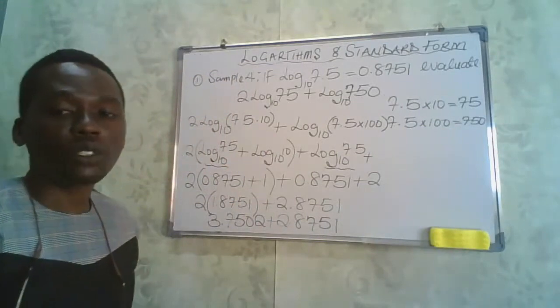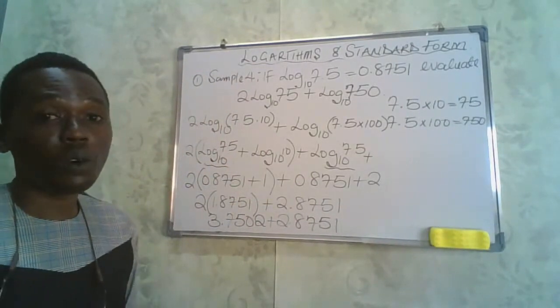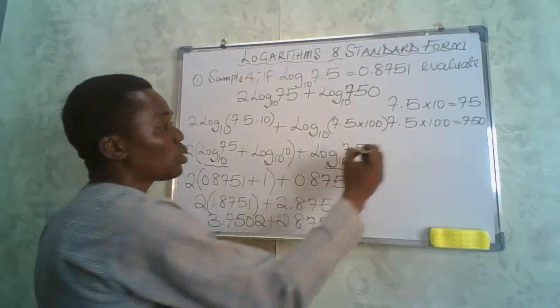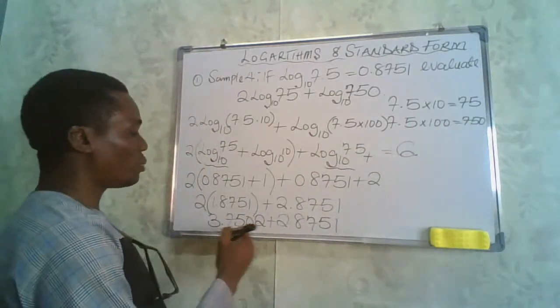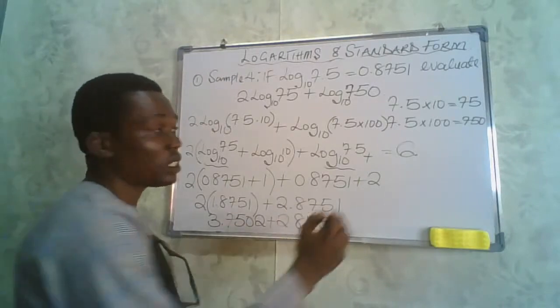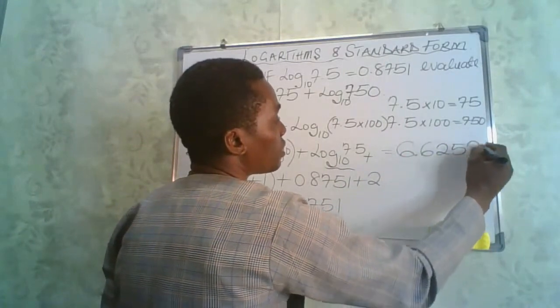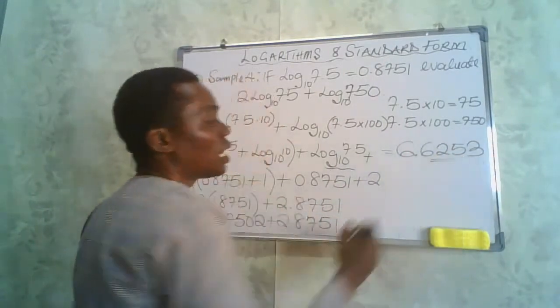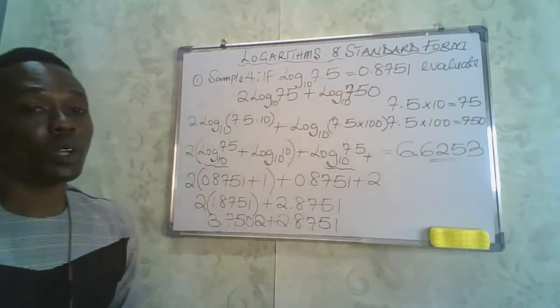So when you add those two parameters, what do we have? We're now going to have the solution to become finally 6.6253. And that would be the solution to this question you are asked to evaluate.